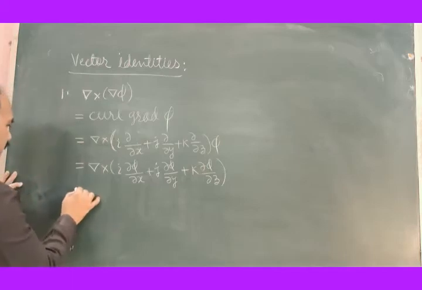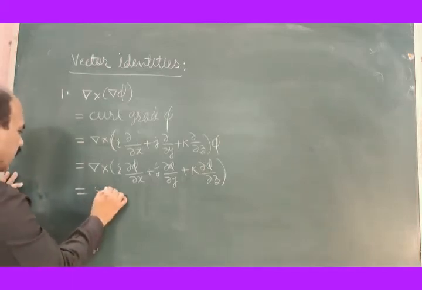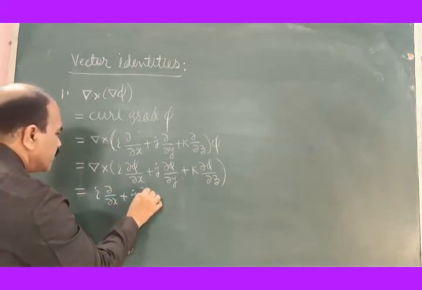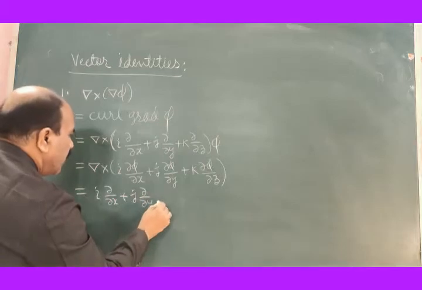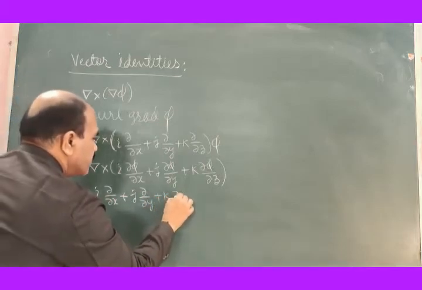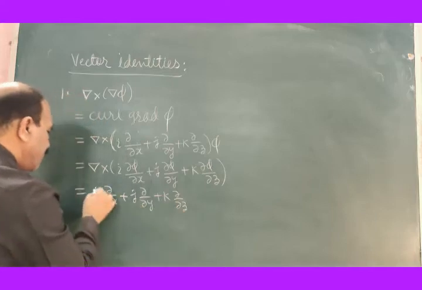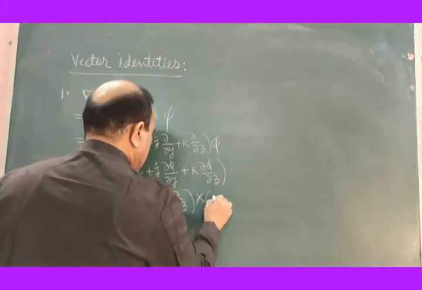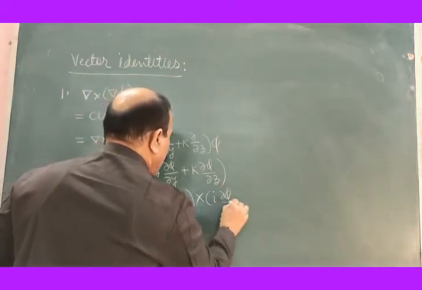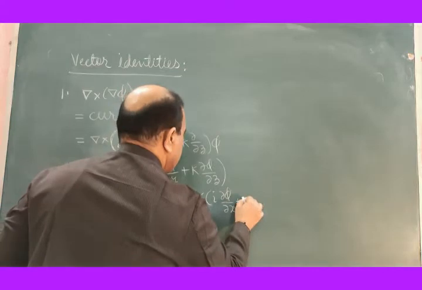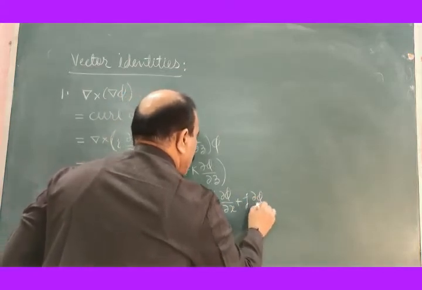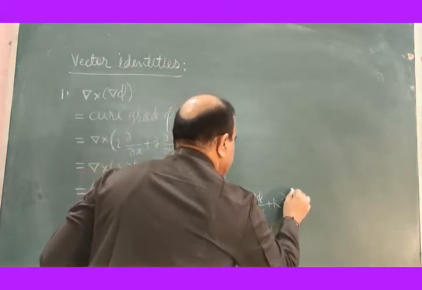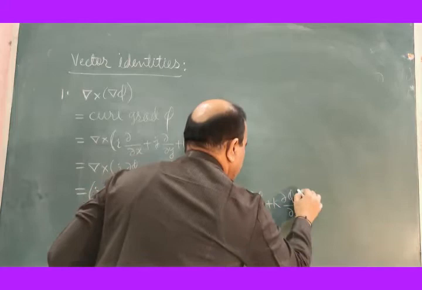Or you may write this further: i dou by dou x plus j dou by dou y plus k dou by dou z, this is in one bracket, cross i dou phi by dou x plus j dou phi by dou y plus k dou phi by dou z.